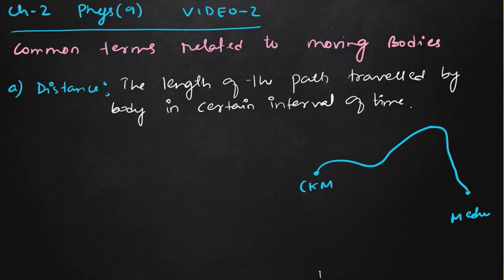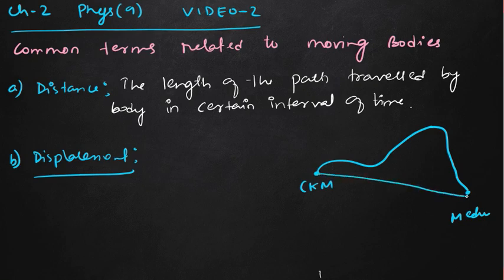And there is another term, the second one, displacement. So what is displacement? This is the shortest path. Displacement is the shortest path between the initial position and the final position. That means the shortest distance from Chokam to Medu will be represented by a straight line. This distance is known as our displacement.